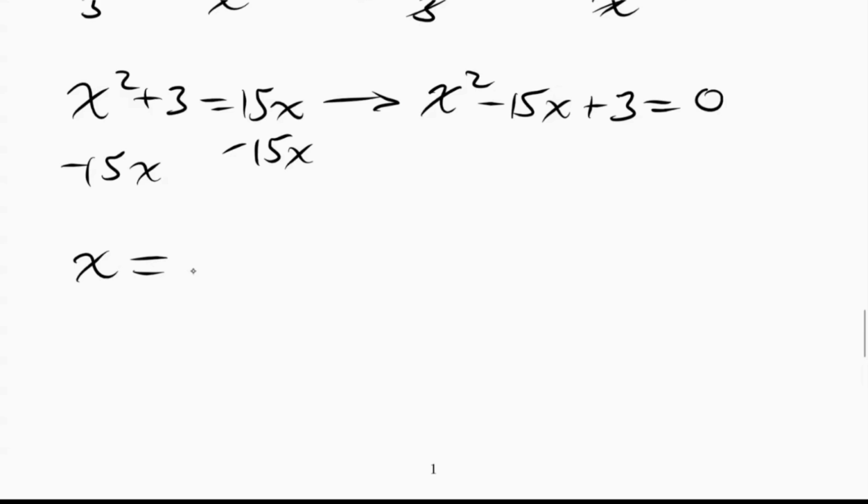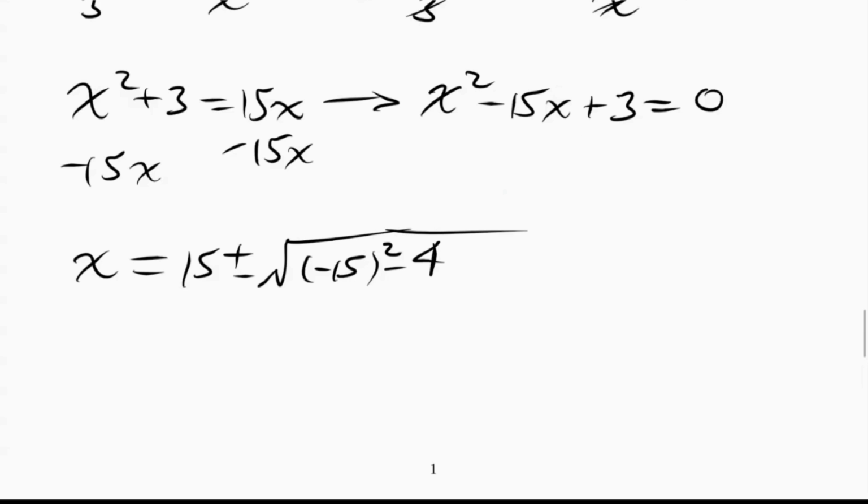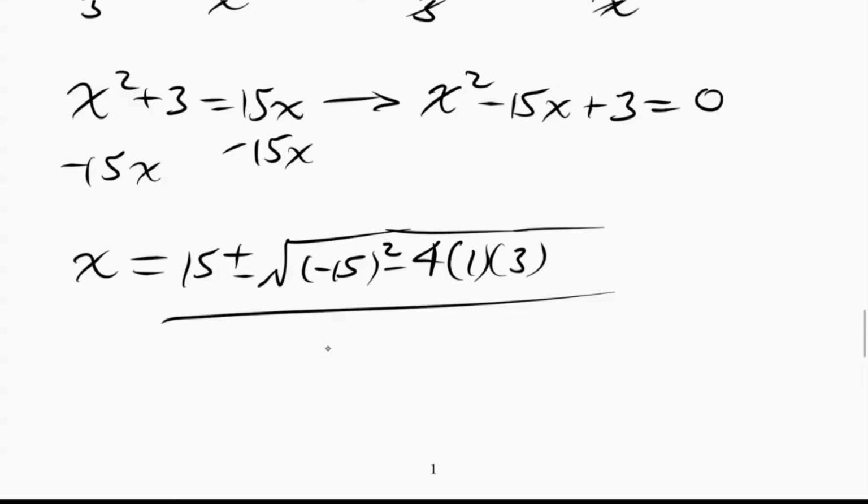x is equal to a positive 15 here because our middle term is negative, plus or minus the square root of negative 15. We'll put some parentheses here, very important. We'll square that quantity. And now we have a 4 times the leading coefficient, 1, multiplied by 3, all over 2.